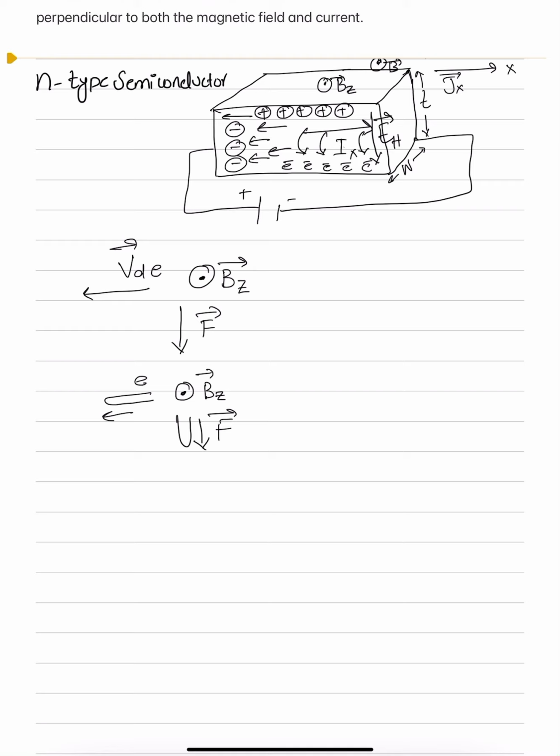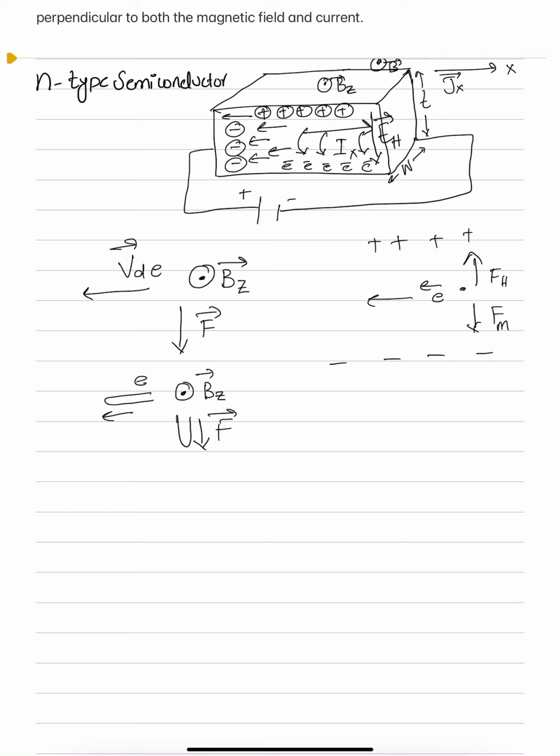After some time, this Lorentz force and the Hall force due to the Hall EMF will balance each other. So after some time, when the electrons move inside the semiconductor, these two forces, the Hall force because of these positive ions, and this downward force, the Lorentz force, which I'm calling Fm, and this should be Fh, sorry, will balance each other, and the electron will move straight through the conductor.